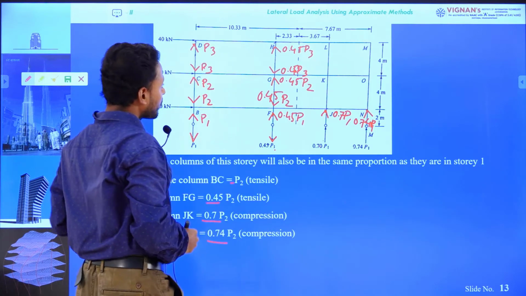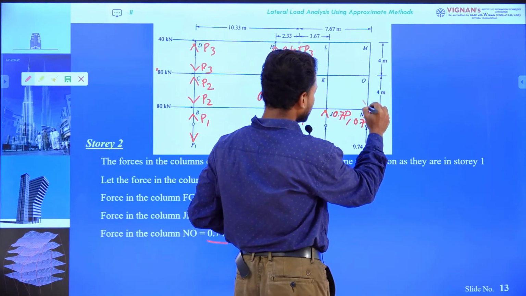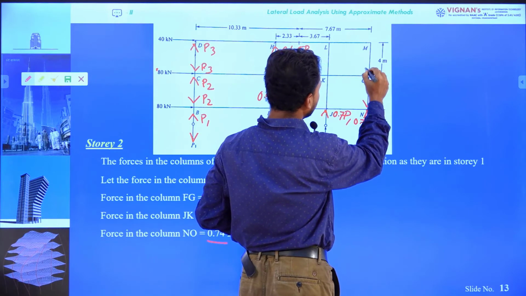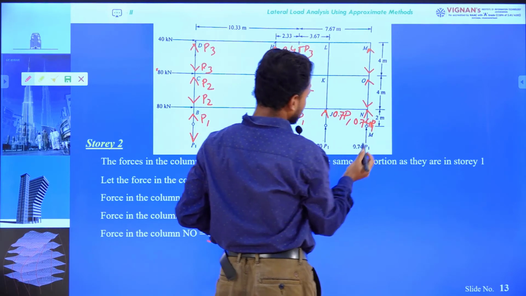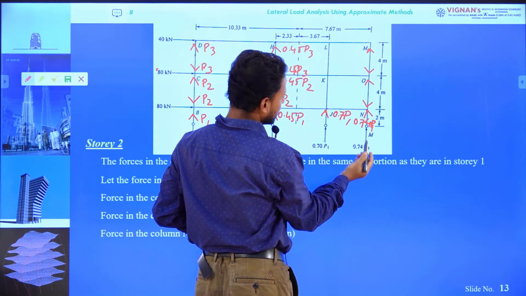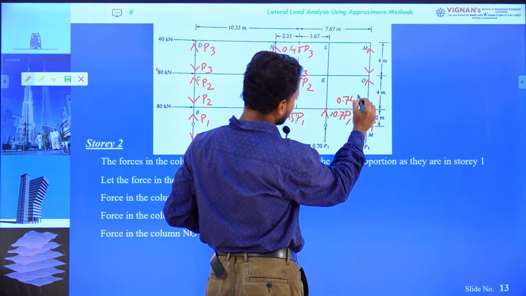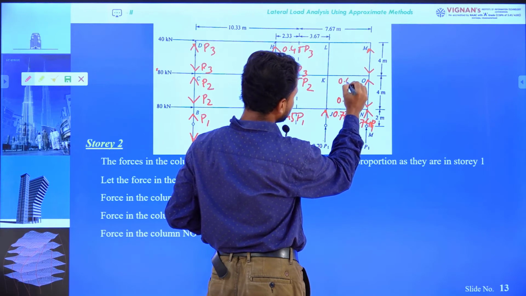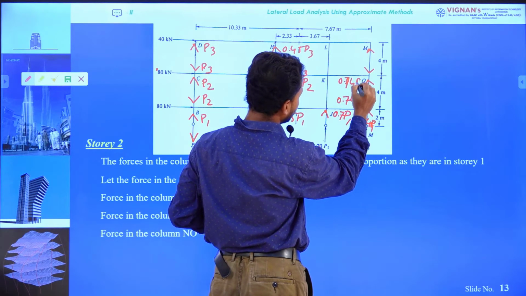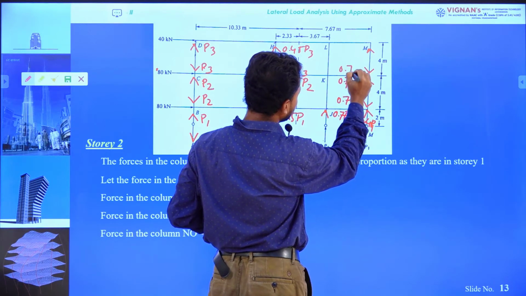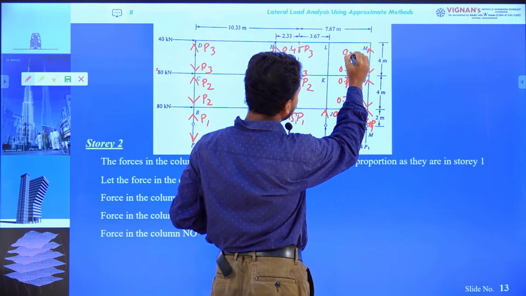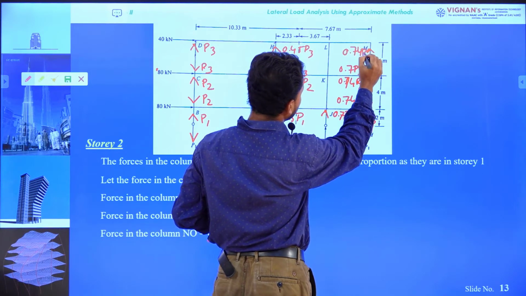Similarly, here also the forces will be acting like this. This is 0.74 P1, 0.74 P1, this is also 0.74 P2, 0.74 P2, this is also 0.74 P3, 0.74 P3.